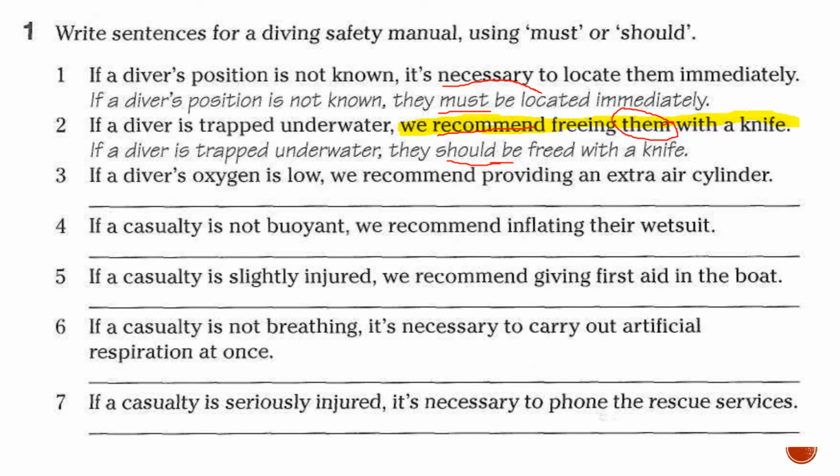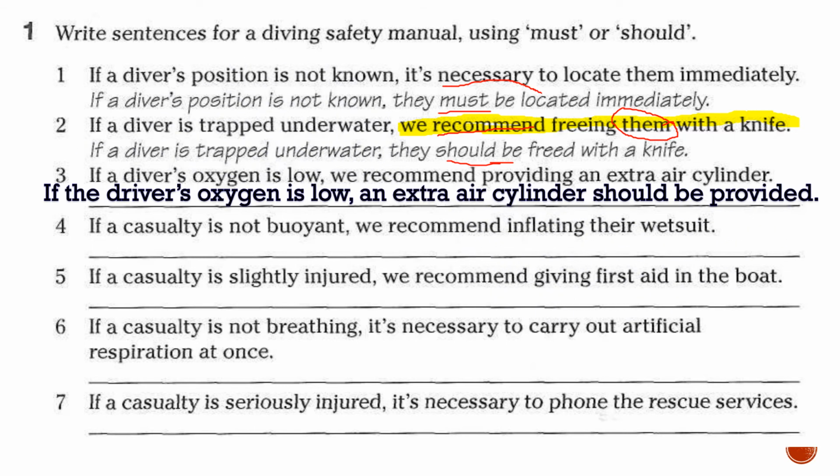Now, I will give you number 3 as an example as well. If a diver's oxygen is low, we recommend providing an extra air cylinder. For recommendation, do we use must or should? Yes, we use should. The main verb in this sentence is providing, so we have to use the past participle of provide. We don't need to use recommend because we want to use should instead.